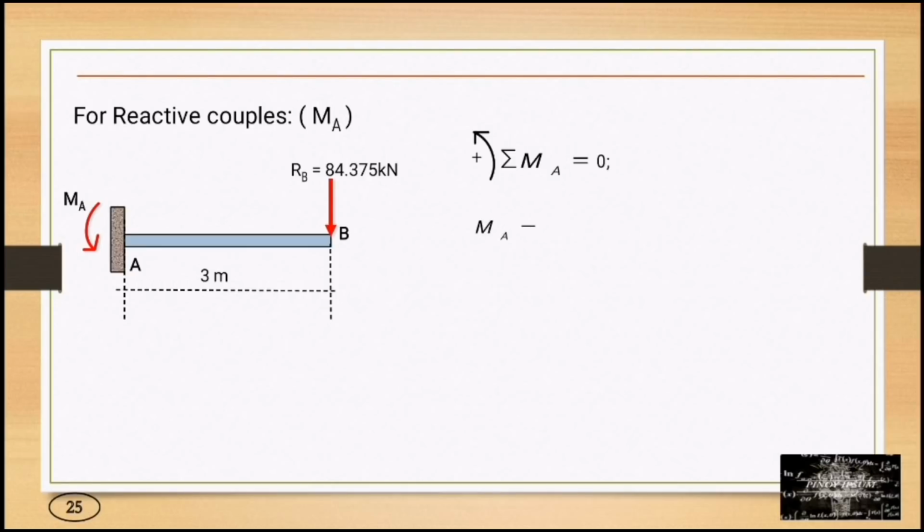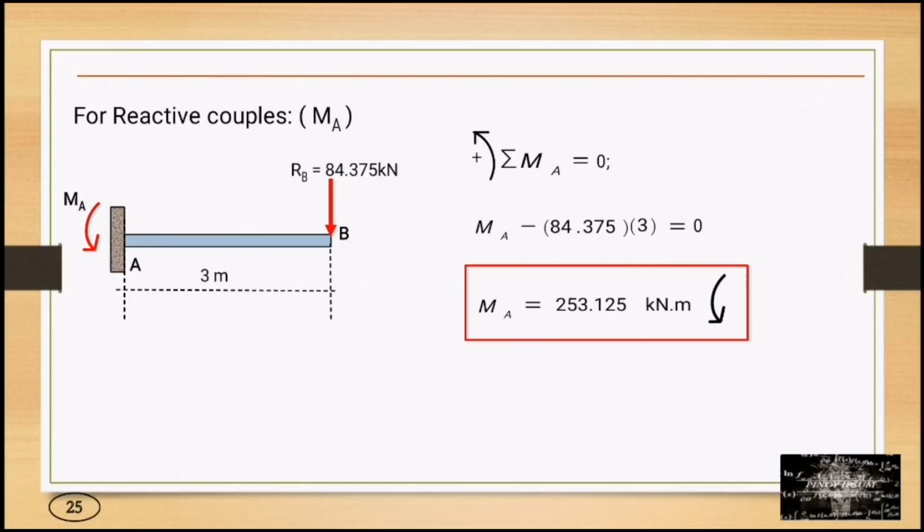So M minus 84.375 times 3 is equal to 0. So yung MA is equal to 253.125 kilonewton meter. So this is counterclockwise.